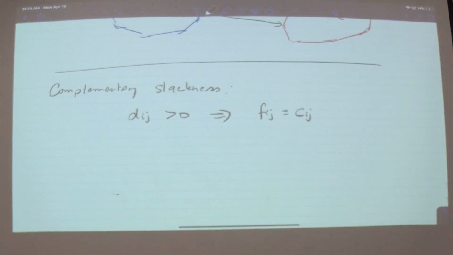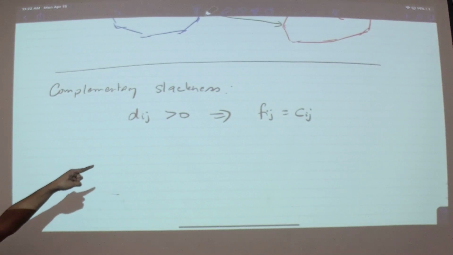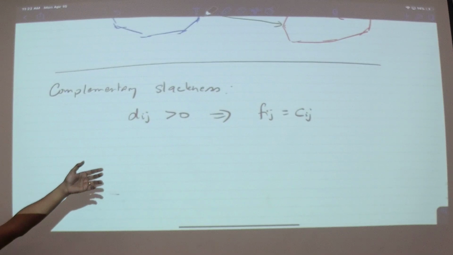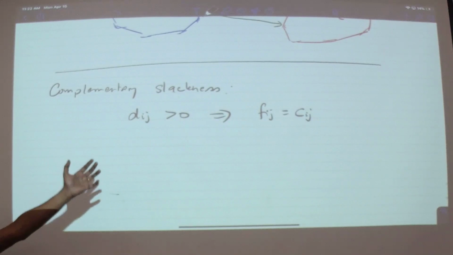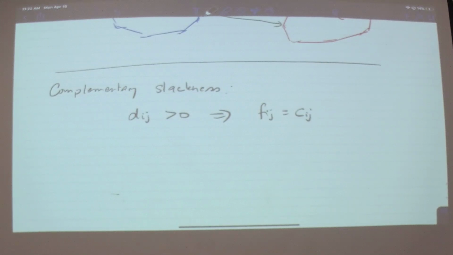What this is saying is the same thing: if I happen to have decided that dij was more than 0, which means I essentially decided that ij was in the cut, that the cut was such that ij went across the cut, then it must be the case that the flow across this edge is saturated. So again, without any knowledge of flows, just looking at the primal, the dual, and complementary slackness, I can derive this property that I know of from proving it more specifically, that the flow is saturated across all edges of the cut.